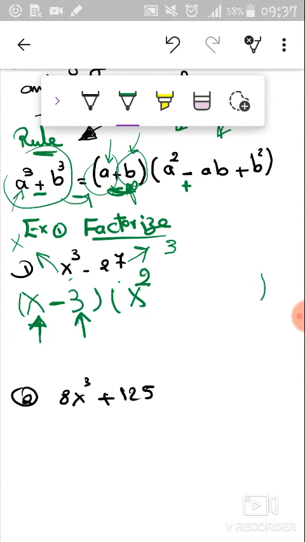I square the second term, so it will be positive 9. What about the middle term? The middle term is the product of the two terms with the sign changed, so it will be 3x but with a positive sign.